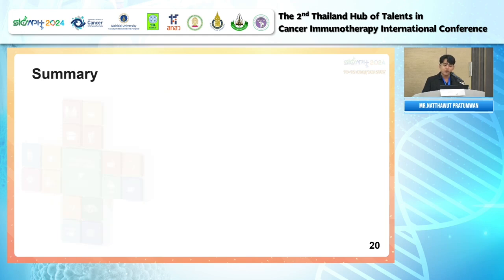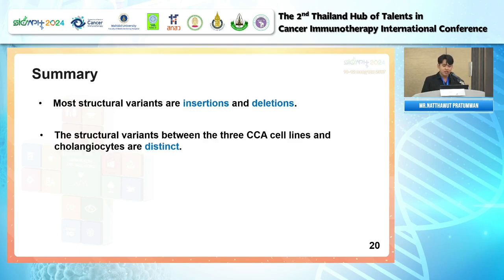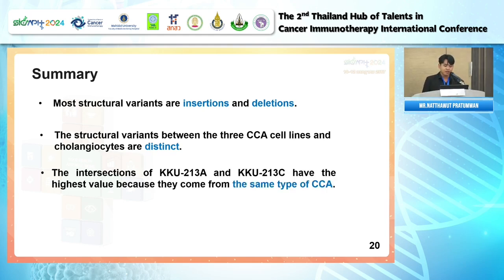To summarize the data, most structural variations of these 4 cell lines are insertions and deletions, and the structural variants of the 3 CCA cell lines compared with the human cholangiocyte cell line MMNK1 are distinct. The intersection of KKU220A and KKU220C has the highest value because they come from the same type of CCA, intrahepatic CCA.